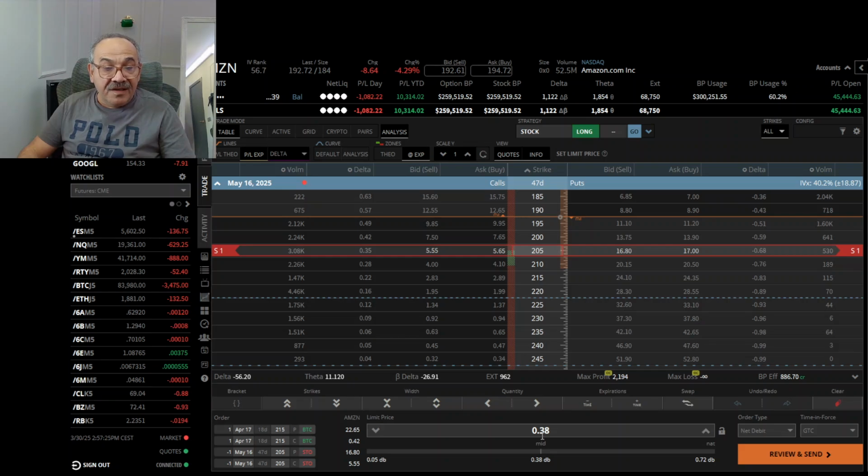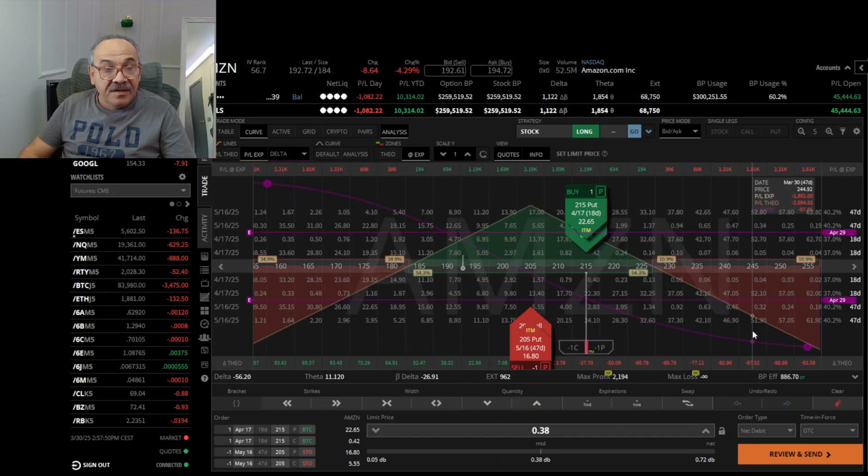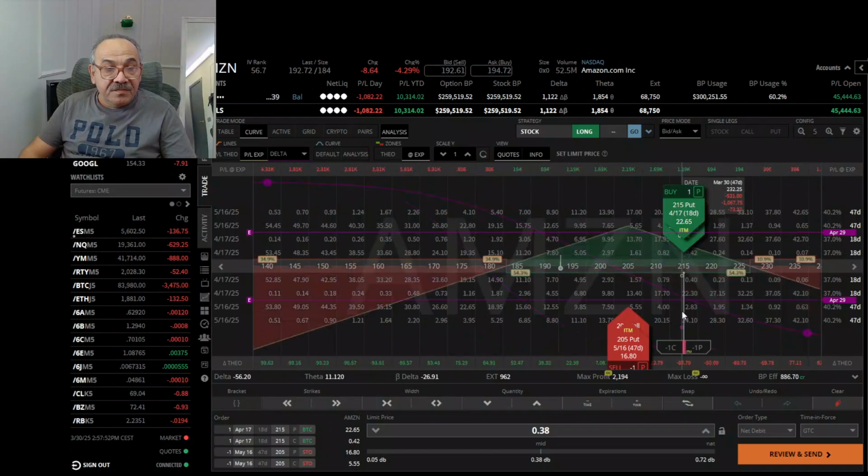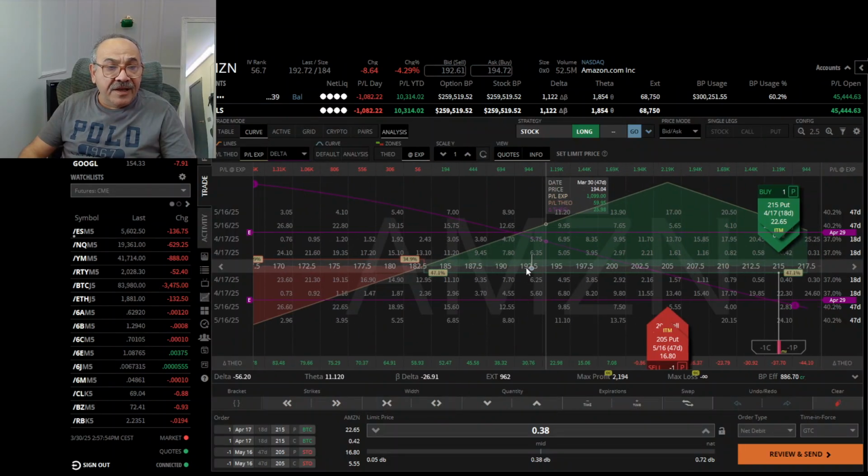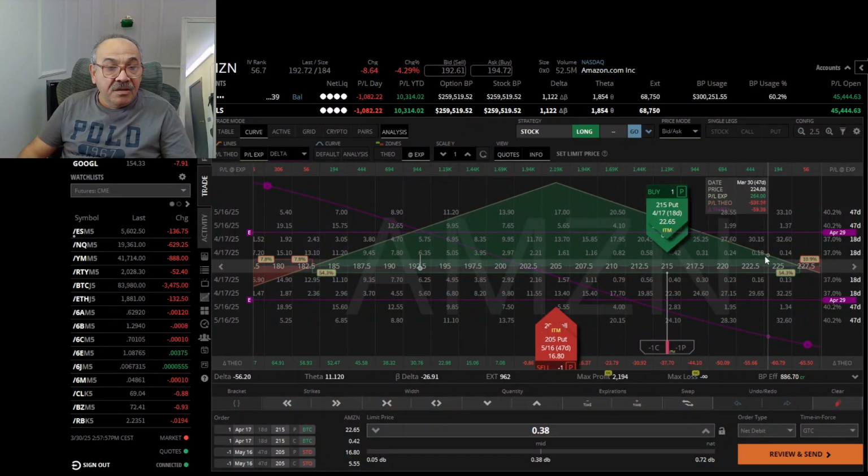It's only a 38 cents debit for that roll, and our buying power decreased because we reduced risk, and this position itself as a roll has good negative delta, which helps us because right now our structure is much more positive than when we opened it. Let's see how it looks. This is how it looks now.